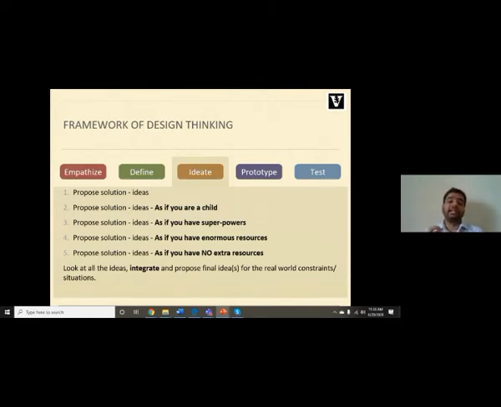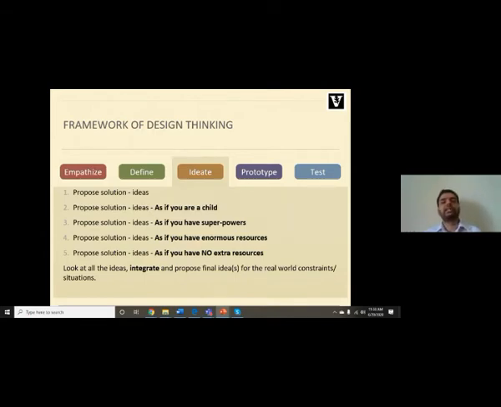The only thing we have to learn is that we need to deliberately put constraints and put our mind in different perspectives. In addition to this, we also have to team up with people around us, and then finally come together and try to integrate, borrow ideas from all the ideas that we generated individually and as a team.